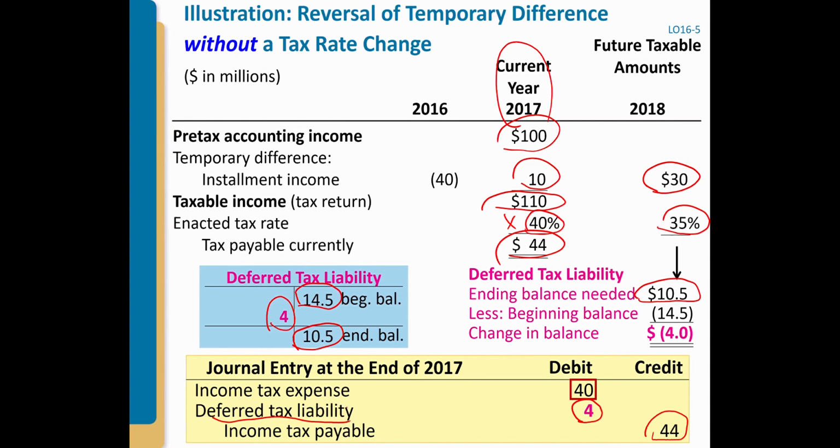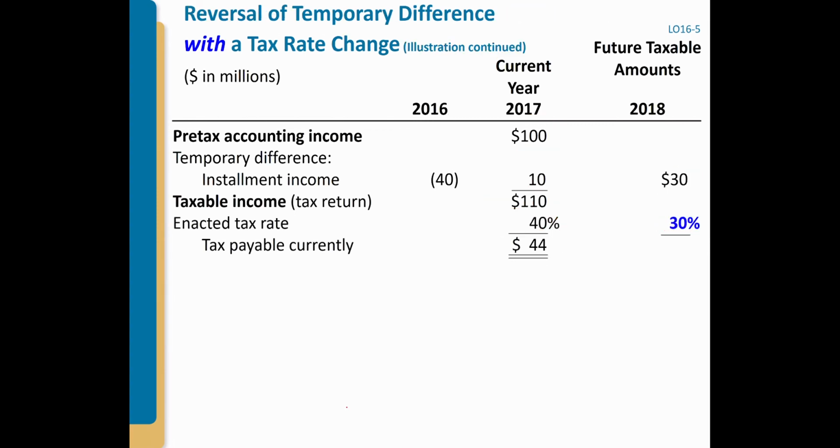Okay. So what if we have a tax rate change? What if this year, 2017, just like the year we had, 2018, right?